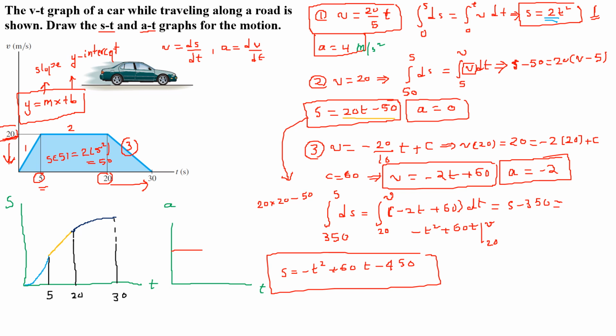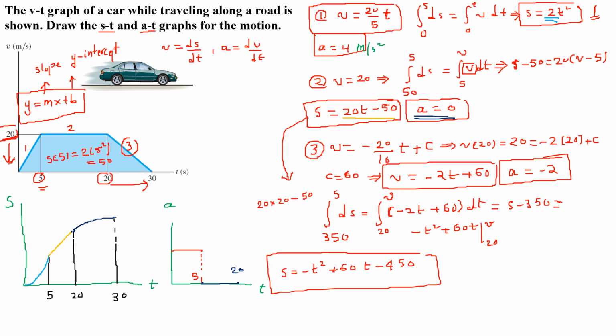And you know, this is the interval at 5 seconds. Then here, you have to look at the second interval, which we got to be 0. So for the second interval, simply the acceleration will be 0. So during this time interval, up to 20 seconds, I have no acceleration.